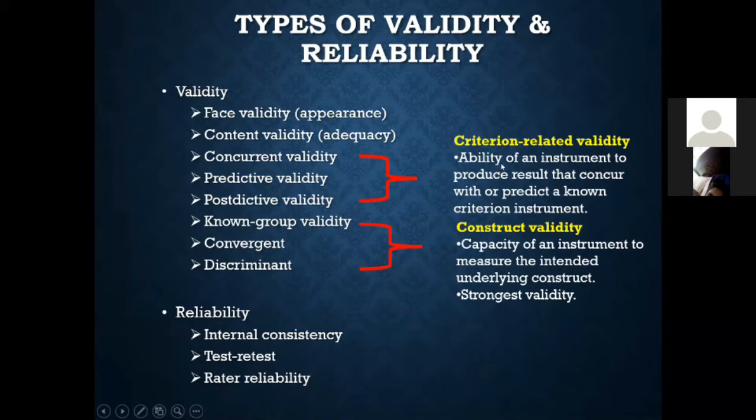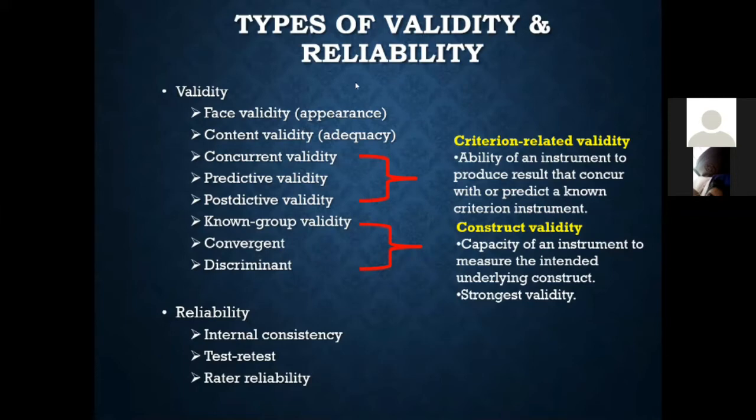Criterion-related validity is the ability of an instrument to produce results that concur with or predict a known criterion instrument. So you compare your newly established questionnaire or measurement tool with another criterion, whether that criterion is in the future, in the past, or at the same time.